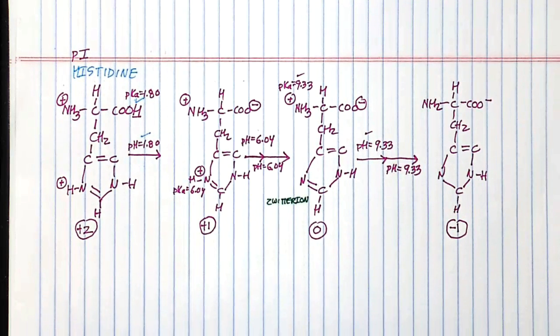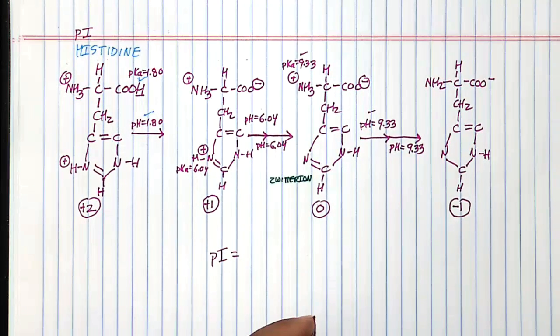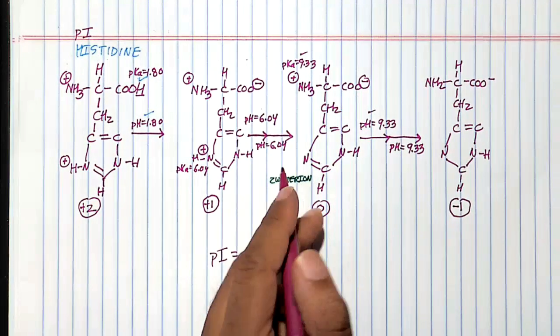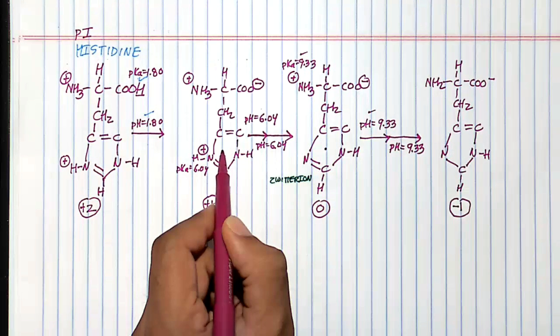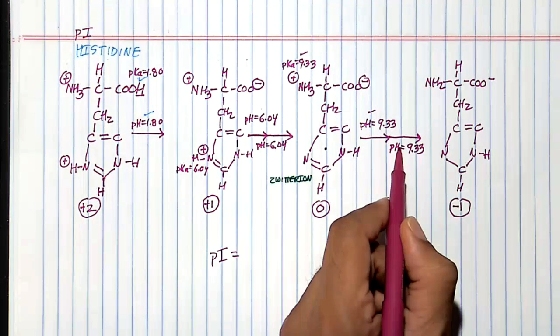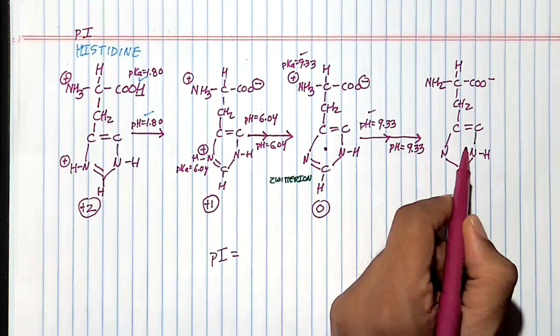But what is the pI? The pI is where the Zwitterion dominates. At 6.04, it's 50% Zwitterion and 50% the form on the left. At a pH of 9.33, the Zwitterion will be 50% present and 50% the form on the right.